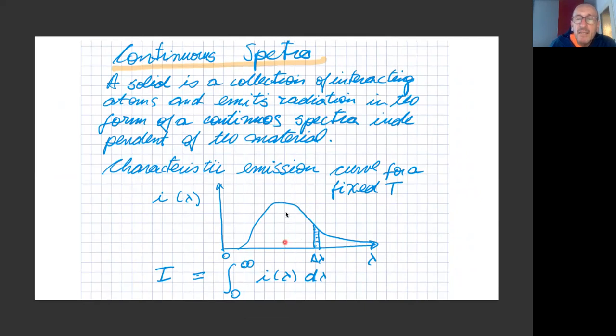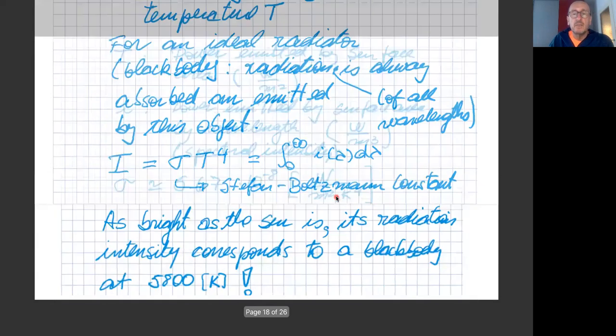But if I scale the value of the maximum appropriately, all of the curves that I can find follow the same functional expression, okay? So if I measure the spectral intensity of the emitted light as a function of lambda, they have the same functional form, which is a very nice thing because it means that independent of the temperature, I can explain this with the same expression or the same theory, okay?